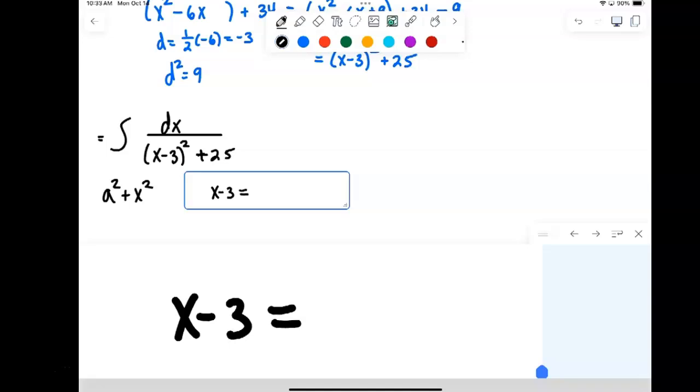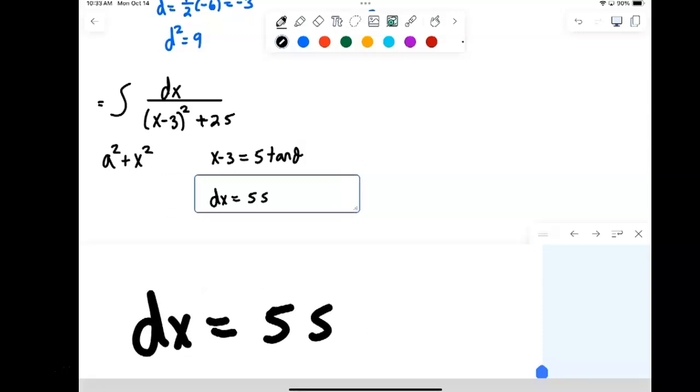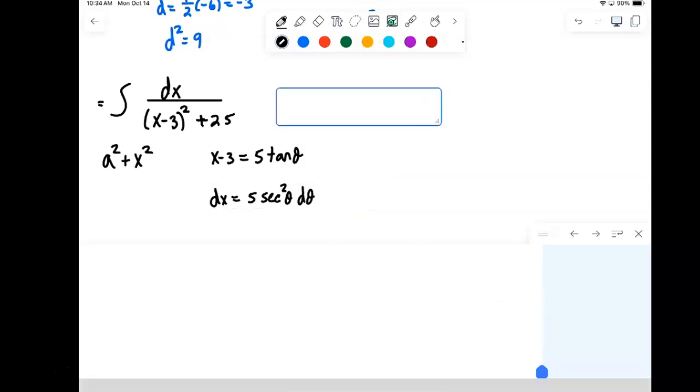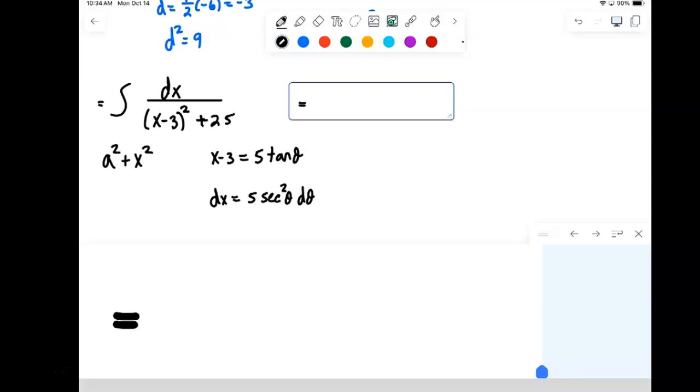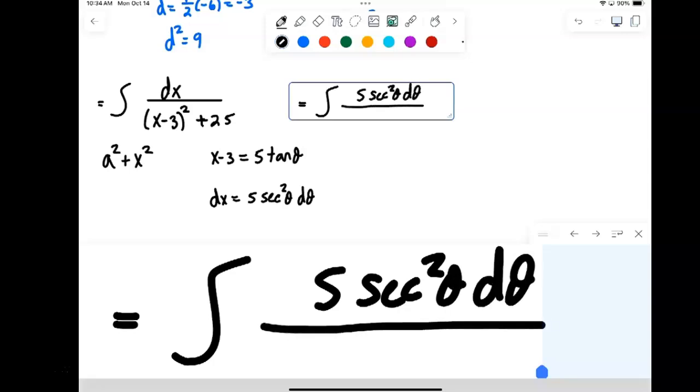And so what we do is we do the substitution here. x minus 3 gets replaced with 5 tangent theta. And we can still differentiate. dx equals 5 times the derivative of the tangent, which would be 5 secant squared theta d theta. And so now we're ready to carry our substitution process through. dx is going to be 5 secant squared theta d theta, so that'll all go on top.